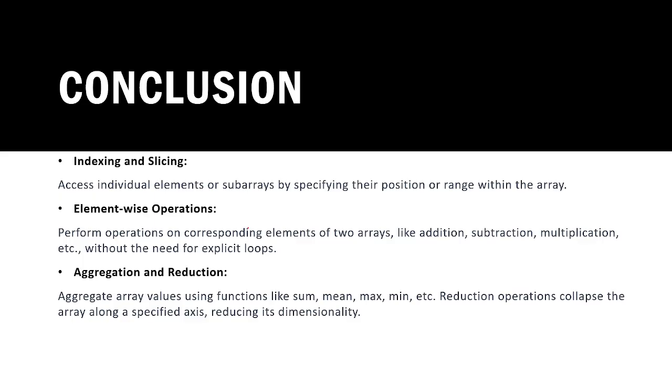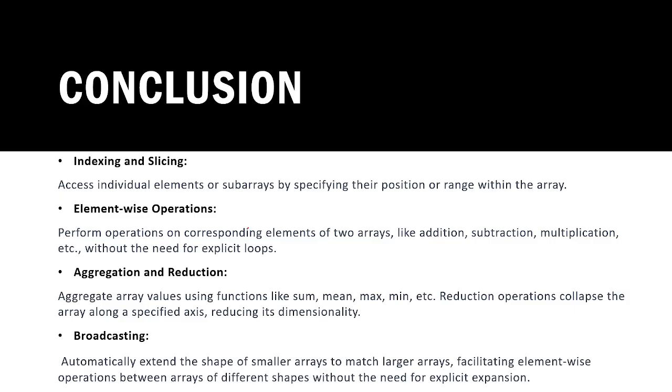We can aggregate the values of an array, like sum, mean, max, min, etc. Reduction operations will collapse the array along the specified axis, reducing its dimensionality. Insertion increases the dimension and deletion reduces the dimension. Broadcasting automatically adjusts the shape of smaller arrays to match the larger arrays, facilitating element-wise operations between arrays of different shapes without the need for explicit conversion or expansion.